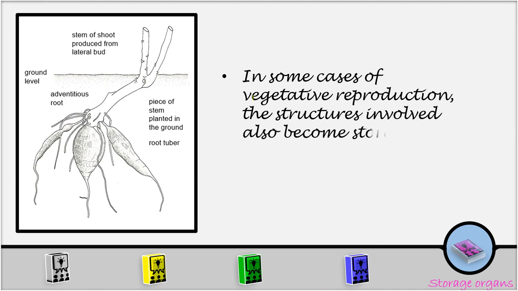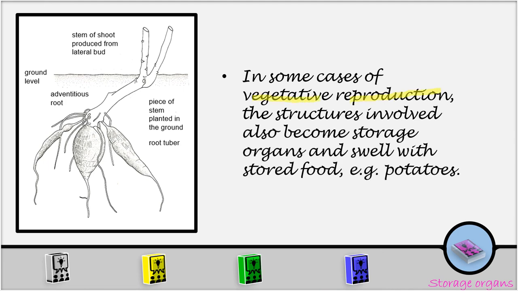In some cases of vegetative reproduction, the structure involved also becomes a storage organ and swells with stored food. For example, the potatoes. So here we are looking at our plant. If you look at your plant here, you will see that at the bottom we have swollen parts of the plant.